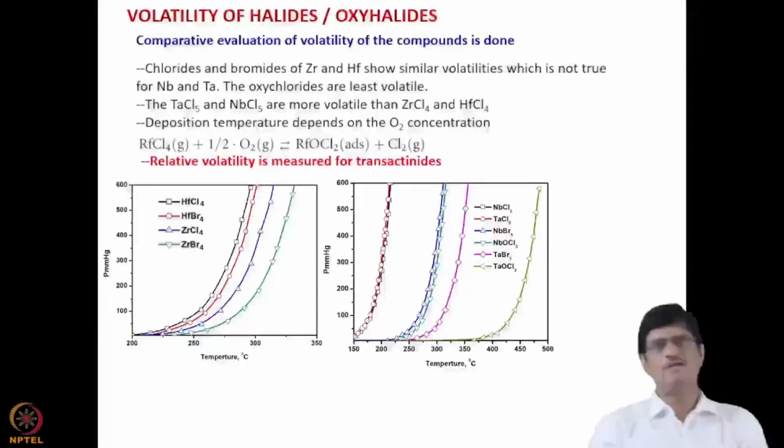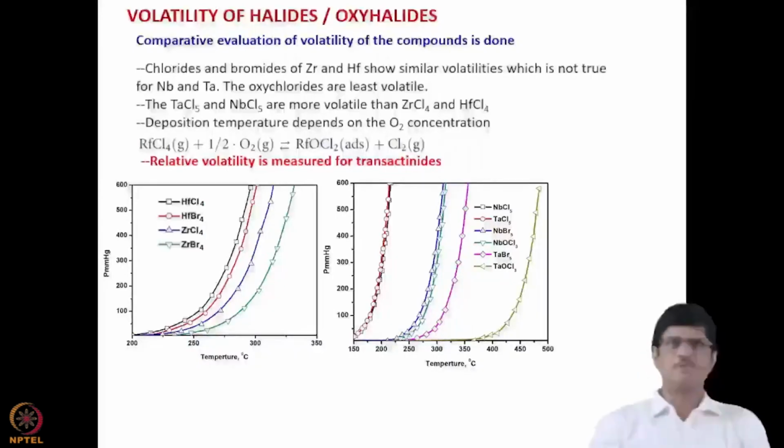While studying the gas phase chemistry, mostly the volatility of the halides or the oxyhalides is studied. These transactinide elements are part of the fourth transition series, and their gas phase chemistry is always compared with the other elements in the second or third transition series.